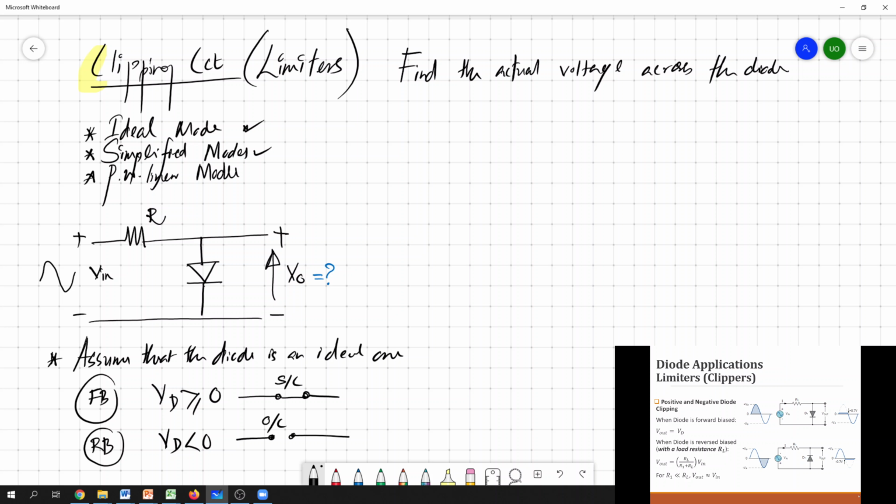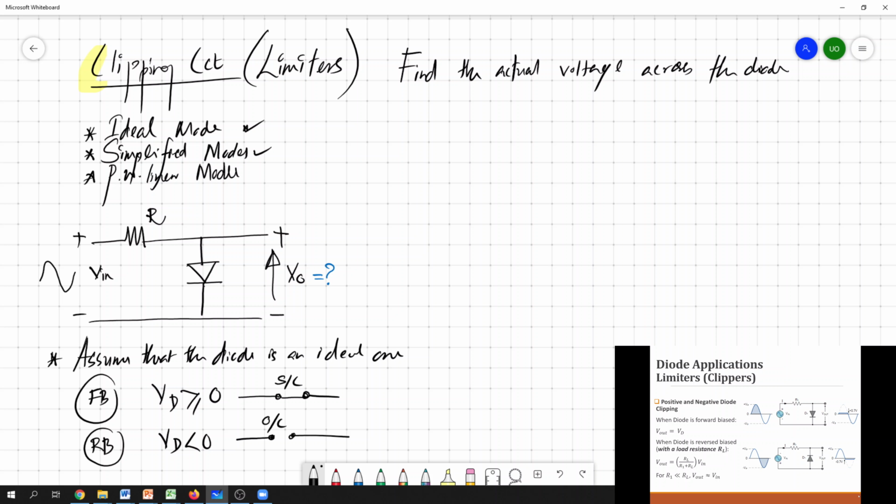So we can simply identify the state of the diode, whether it's forward or reverse, based on the actual voltage across the diode. To evaluate the voltage drop across the diode, first we remove the diode and measure the open circuit voltage. So then it would be something like that. Here it should be minus and plus. This is the open circuit voltage, and this is your resistor, and this is the input voltage.